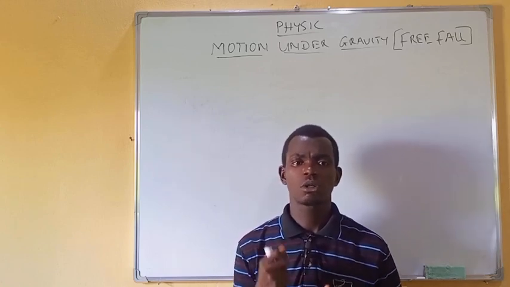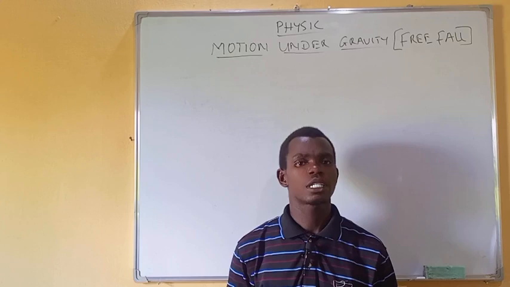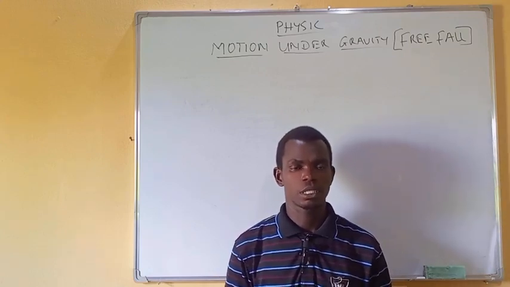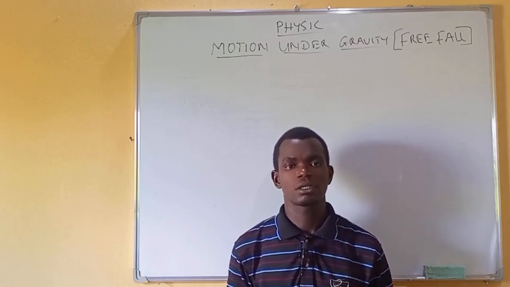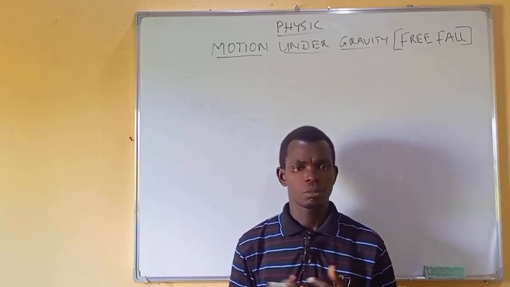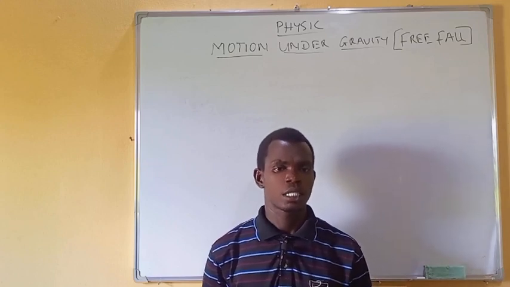When an object is thrown upward, it experiences retardation due to gravitational attraction of the earth, which tends to pull the object downward. At that point, acceleration will be equal to negative gravitational force because it is in the opposite direction to gravity.